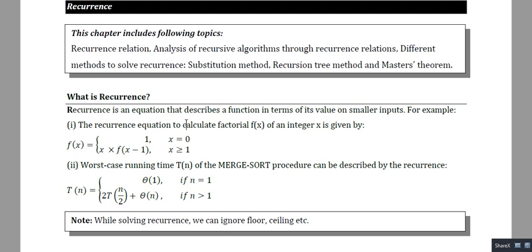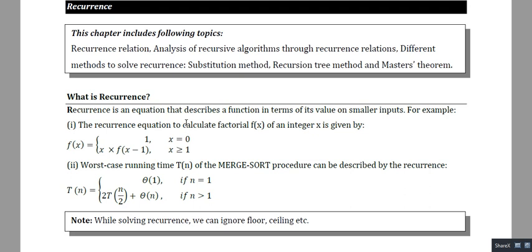For example, if we write f(x) equal to 2 into f(x minus 1), then it is a recurrence because the function f(x) is expressed in terms of itself, but the input on the RHS is lesser than the input on the LHS, because on the LHS we have f(x) and on the RHS we have f(x minus 1). So any function which can be expressed in terms of itself but with smaller input is termed a recurrence.